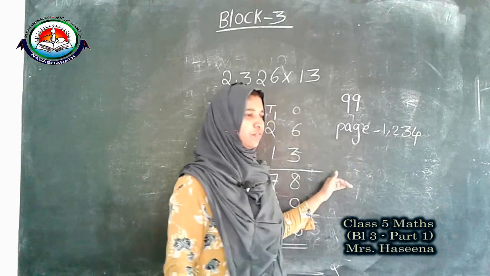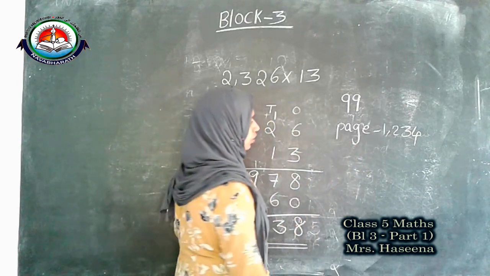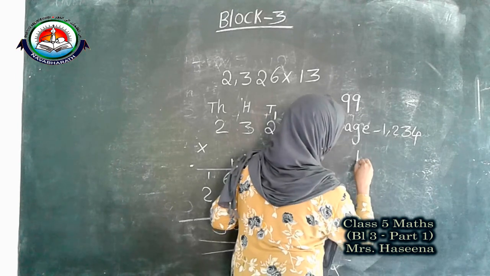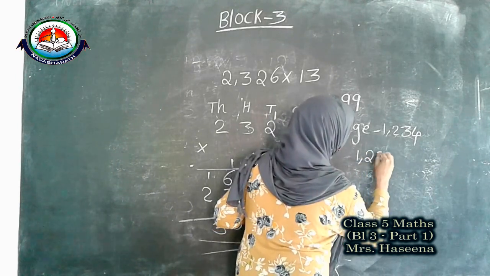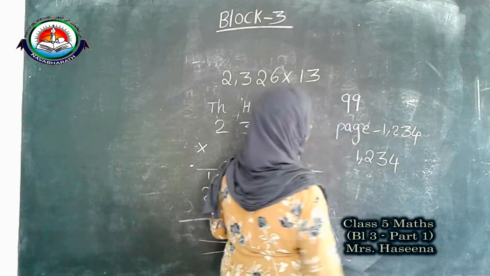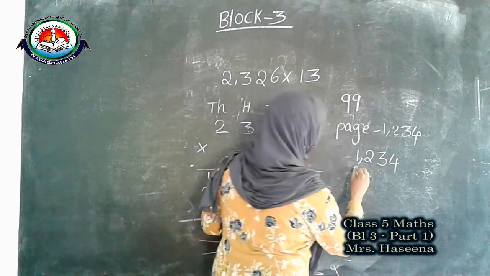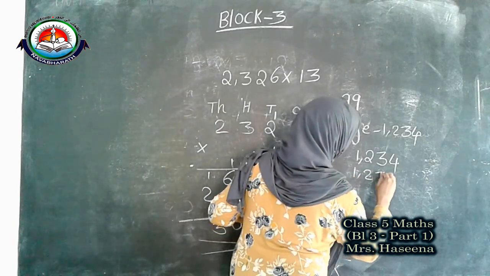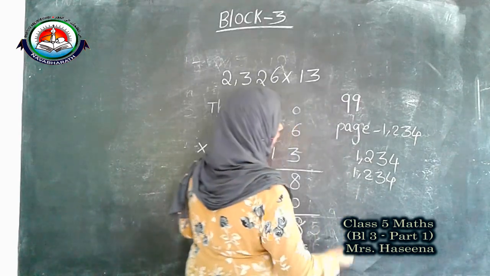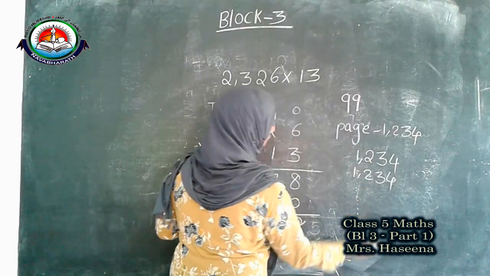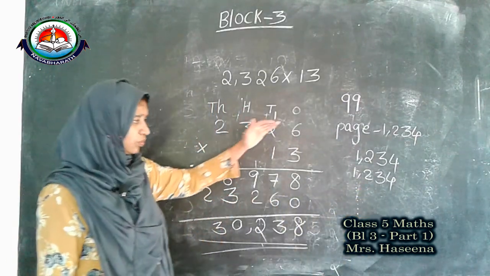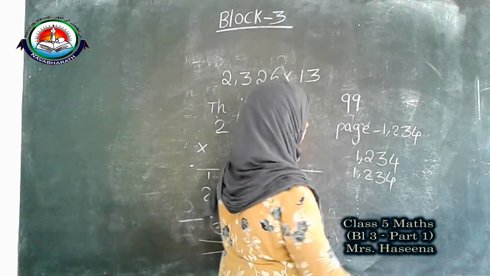How can we find? Okay, we know, first page, how many words will be there? 1234. Next page also 1234. Like this going on. How many times do we want to add this one?